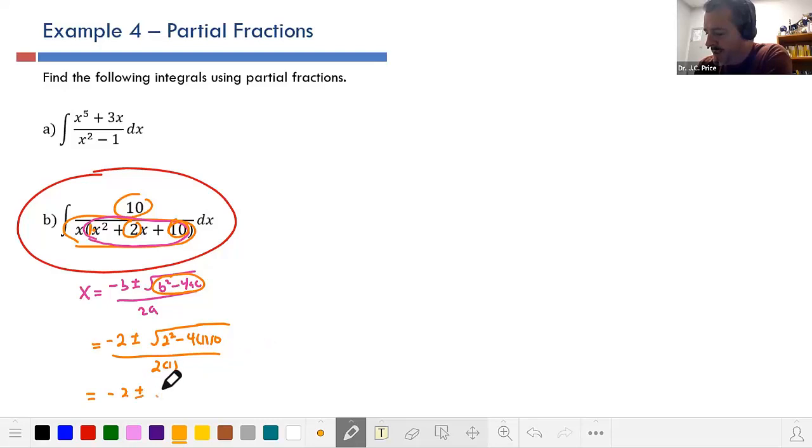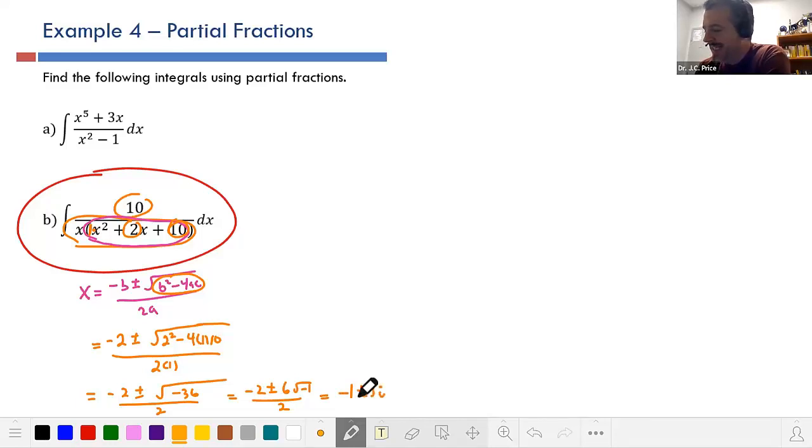which you can see now, negative 2 plus or minus the square root. What I have inside here is basically 4 minus 40, which is a negative 36 over 2. And so that's actually equal to negative 2 plus or minus 6 square root of negative 1 all over 2. And so now you can divide this all by 2, so you get negative 1 plus or minus 3i.